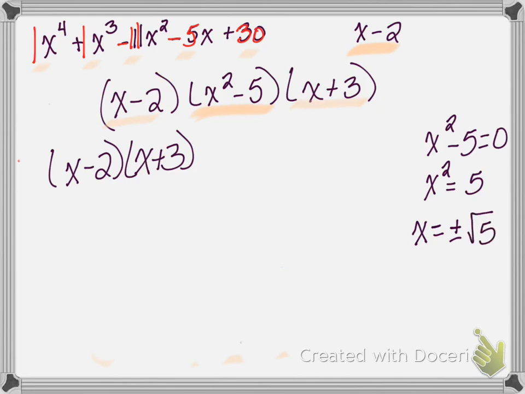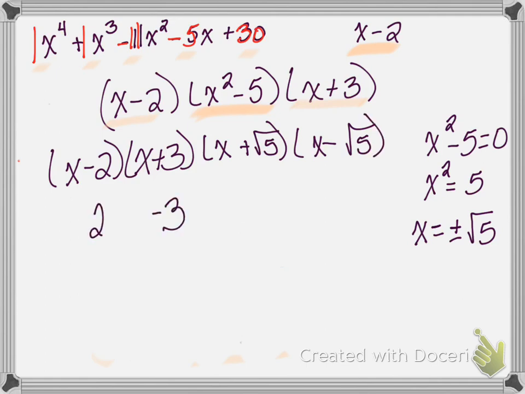So if I want to put this in linear factors, my linear factor is x plus square root of 5 and x minus square root of 5.